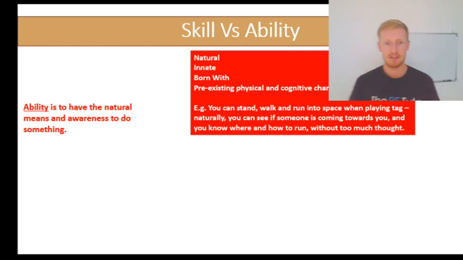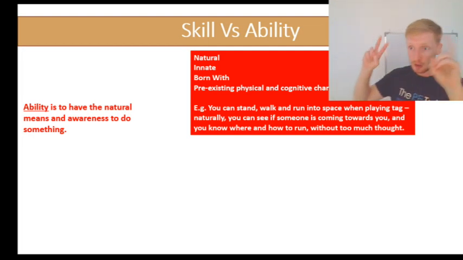Look at some of these examples of abilities here. Even as a kid, you could watch primary or secondary playtime, and any students playing some sort of tag or stuck in the mud. Most people, like 99% of the population, can walk, stand, run. So you can run into space when playing tag.